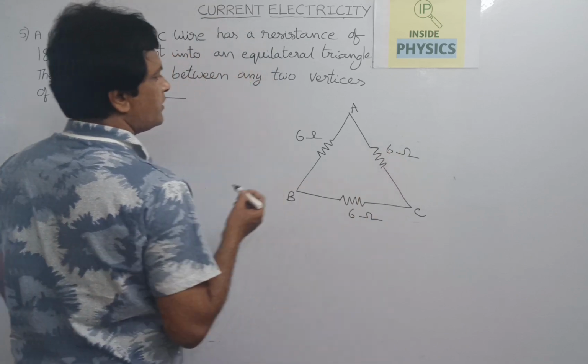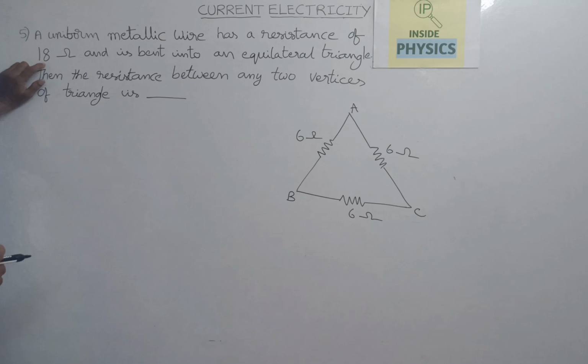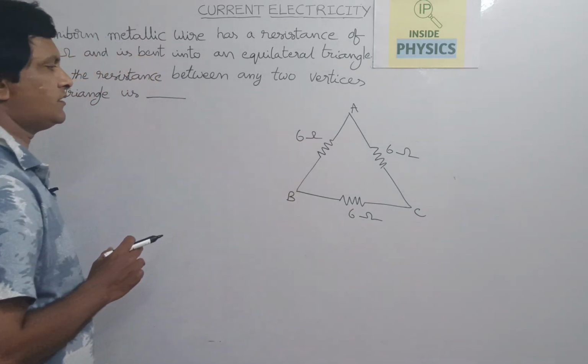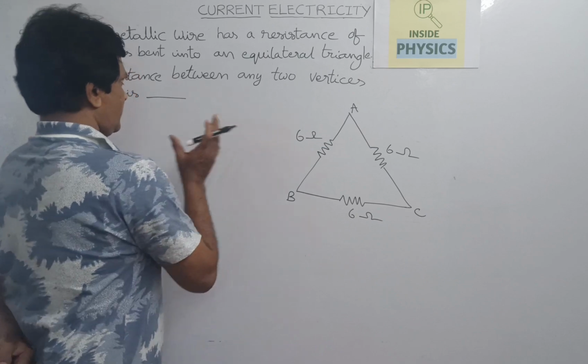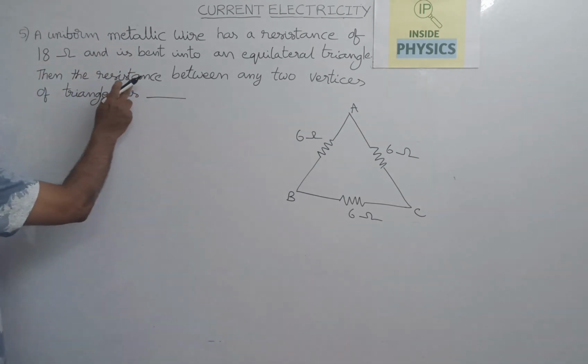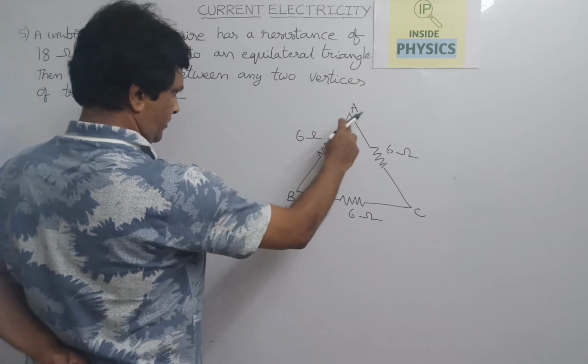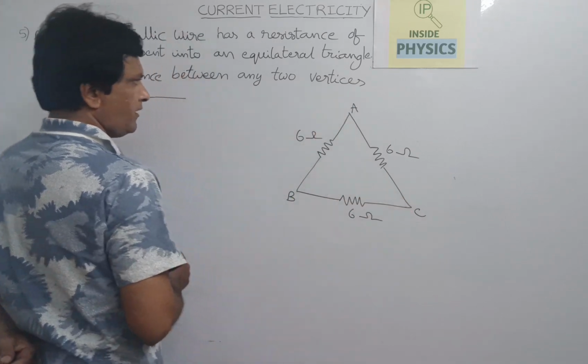The total is considered as 18 ohms, and the total length of the wire has an 18 ohm resistance. Now the question is, what is the resistance between any two vertices? We take it as AB or BC or AC.